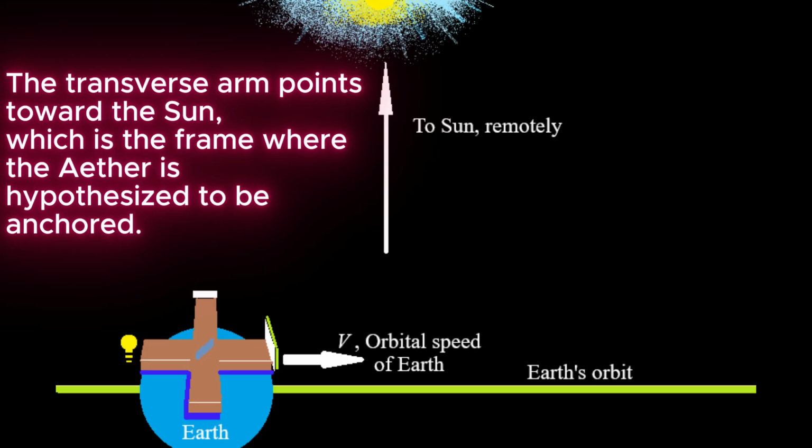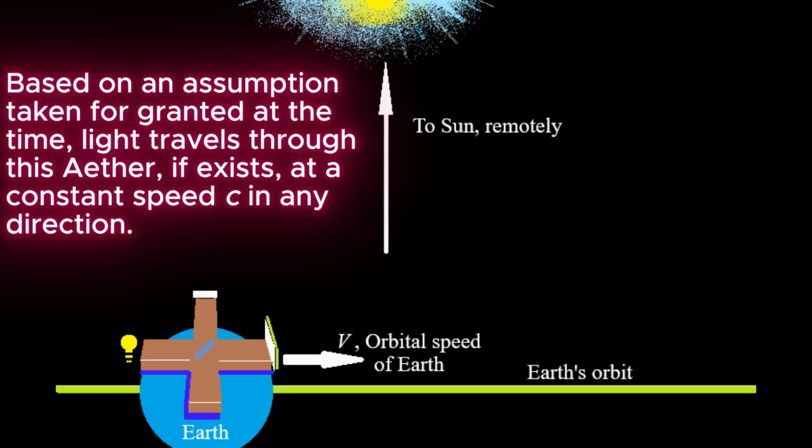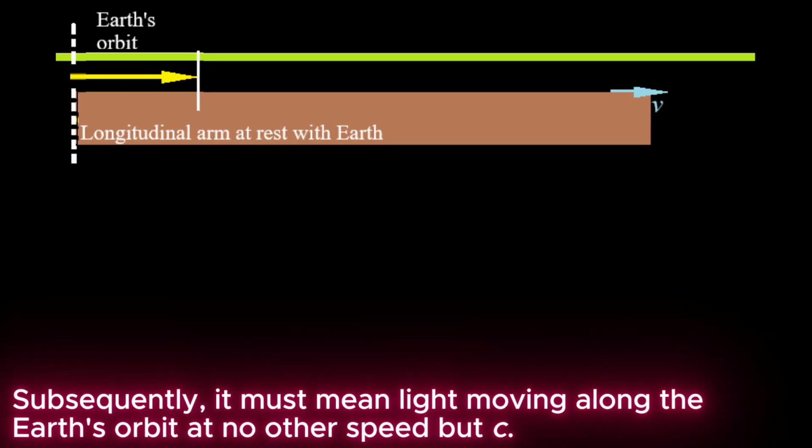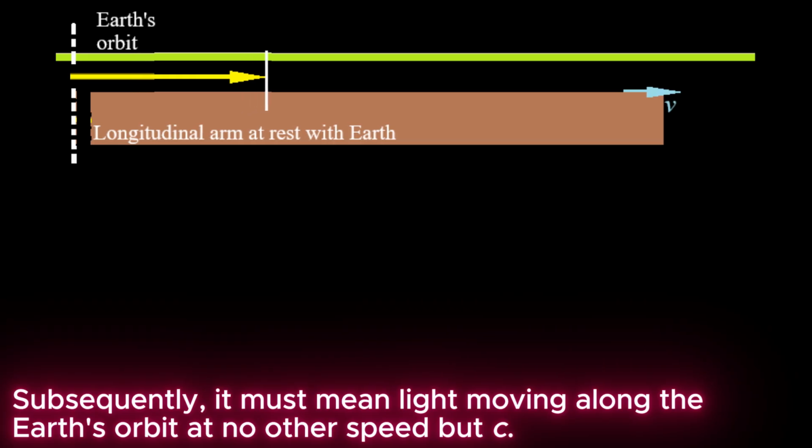The transverse arm points toward the Sun, which is the frame where the ether is hypothesized to be anchored. Based on an assumption taken for granted at the time, light travels through this ether, if it exists, at a constant speed c in any direction. Subsequently, it must mean light moving along the Earth's orbit at no other speed but c.